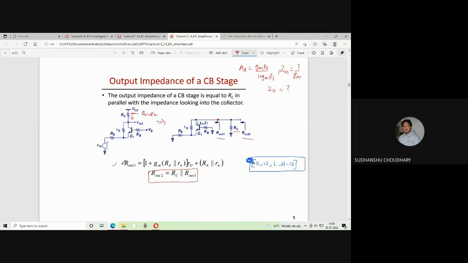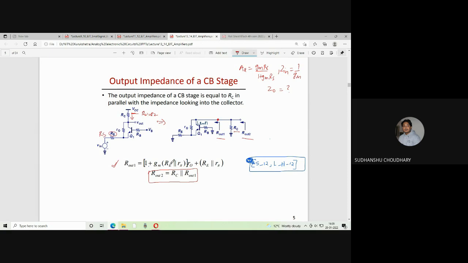So Rout1, that is looking into the collector for the common base configuration, is the same as looking into the collector of the common emitter configuration. There we had emitter degeneration, and here we have RS instead of RE, so let us call it RS.